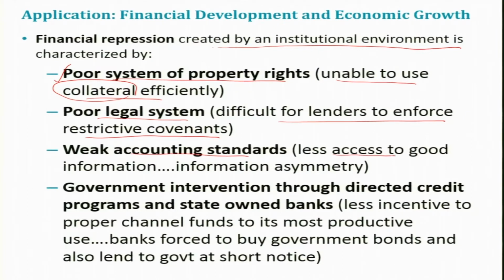Because of that, there is less access to information about the borrowing firms, and also about firms issuing IPOs, equity. Obviously all this will lead to information asymmetry, and this hampers the efficient working of the financial market.